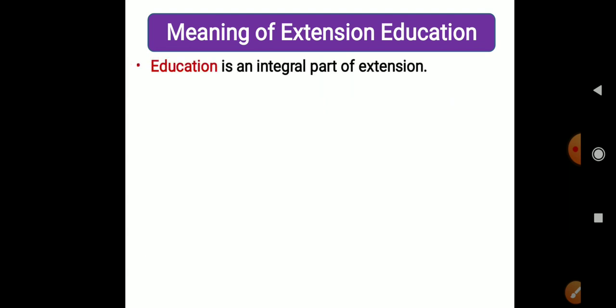Now, what does education mean basically? Education is an integral part of extension. That means without education there cannot be extension. Education is the most important. Education doesn't mean only that education is given to students. Whenever we are going to learn anything, the education process is being carried out.